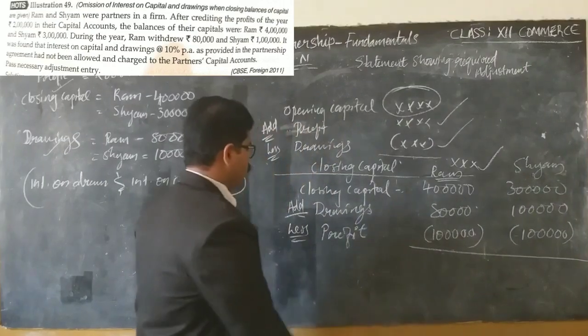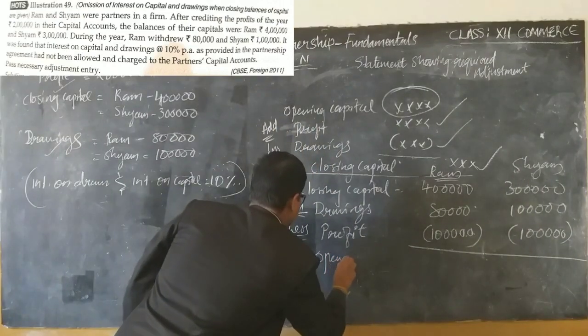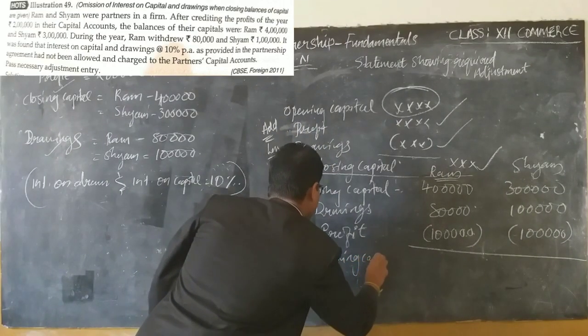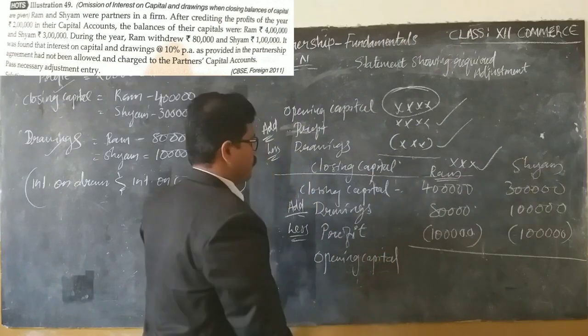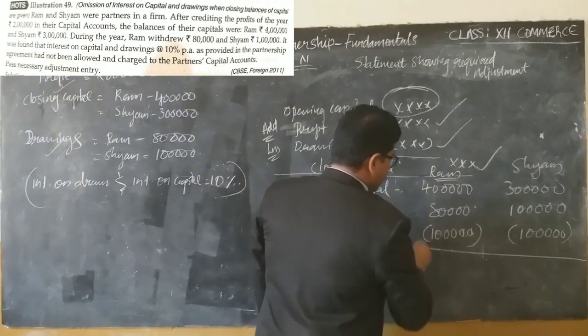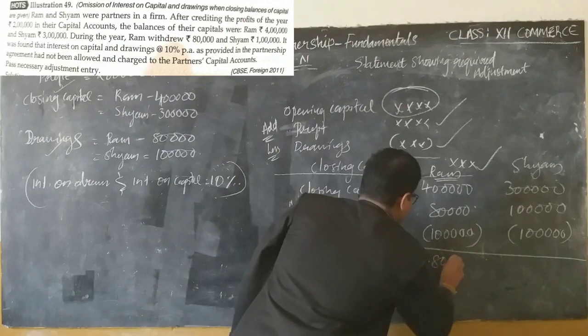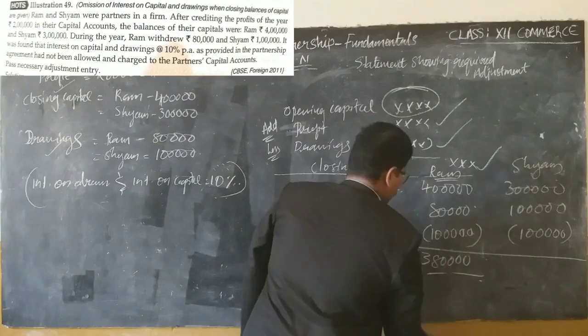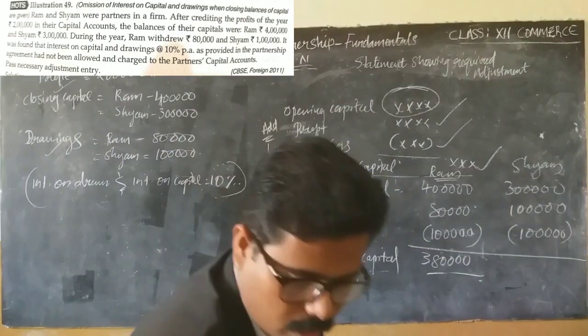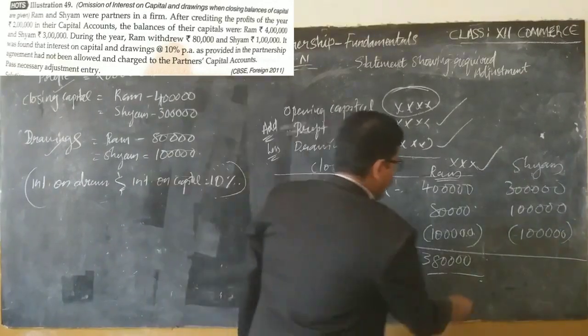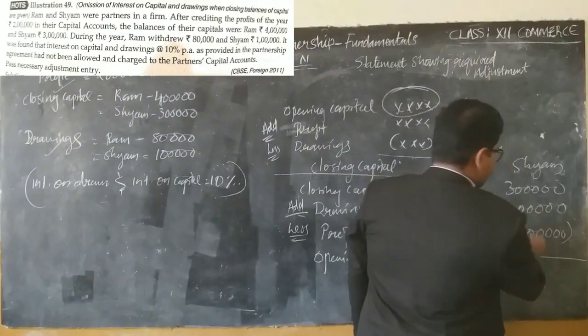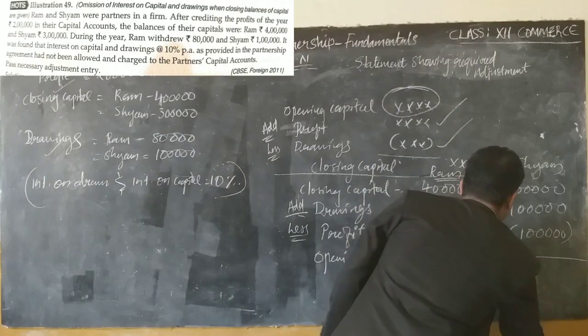Okay, so find the opening capital. 4,80,000 minus 1 lakh is equal to 3,80,000 for Ram. Ram's opening capital is 3,80,000, whereas Shyam's opening capital is 3 lakh.